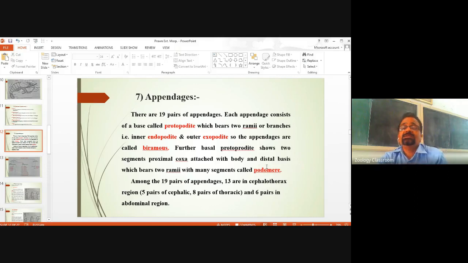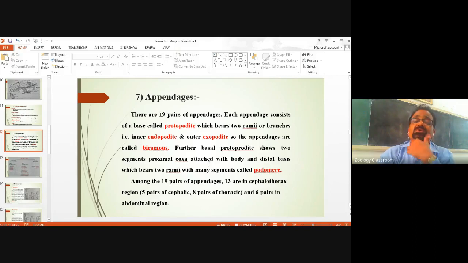So this is the basic information regarding the appendages. It doesn't mean that all the appendages are biramous, and it doesn't mean that all the appendages are uniramous.